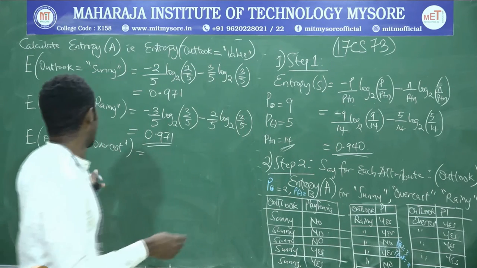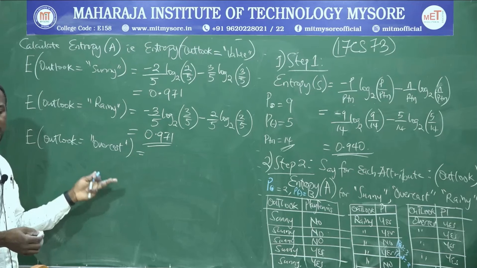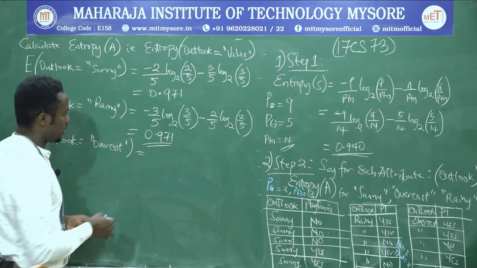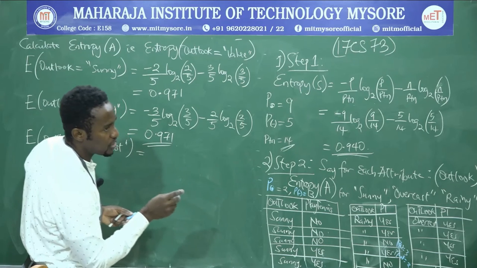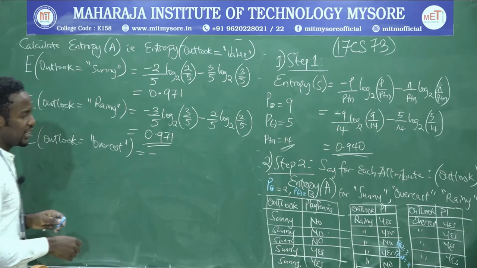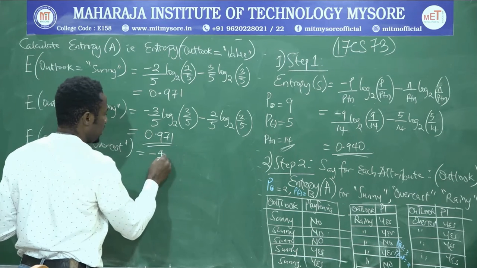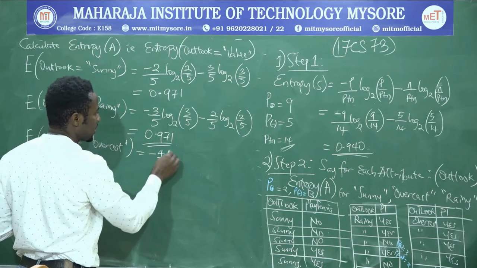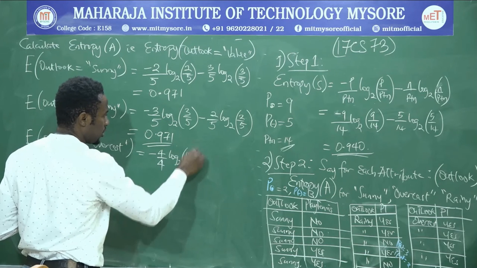Here we don't need to compute this, but if you like, you can, and the entropy is 0. Let's check. Since there are no negative examples, only positive are there. So we have minus 4 upon 4, which is 1, log base 2 of 4 upon 4.